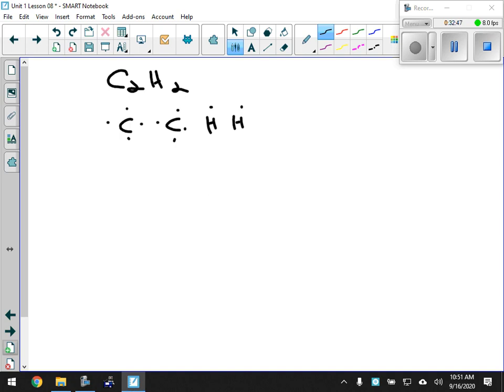First things first, what's my central atom? Carbon, yes? Which one? Both would probably be a good answer here, yes? So if you got 2 or more carbons, you probably want to put them in the middle because carbons really link to carbons really well.